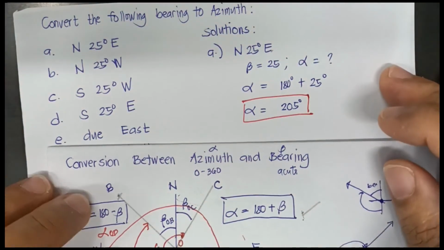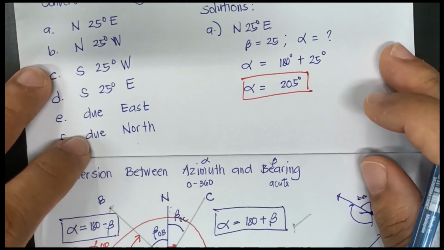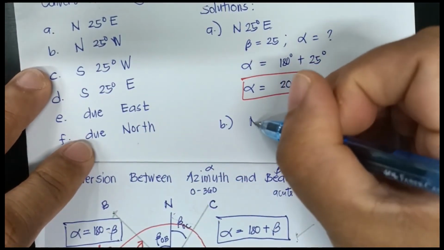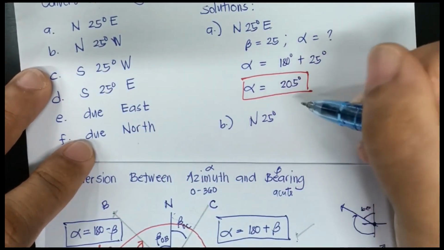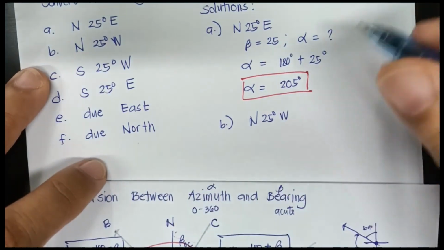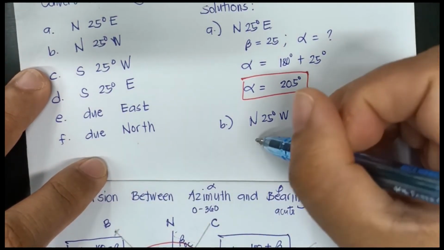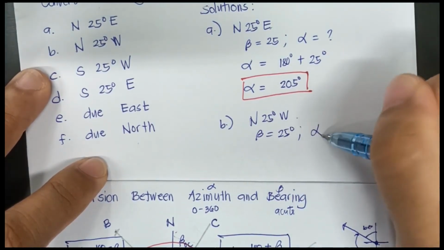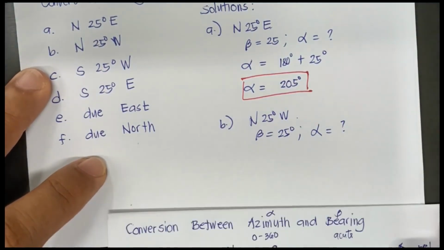Same thing for the northwest. For B, you are given north 25 degrees west. So your beta is again 25, and the azimuth is required.